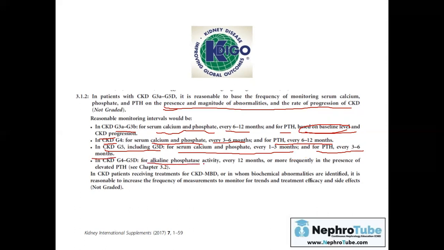Regarding alkaline phosphatase, start to monitor it at stage 4 to 5, every 12 months, or more frequently. The phrase more frequently applies to all lab parameters. You may need to monitor all lab parameters more frequently if you are changing the medication of the patients and you try to follow up the effect of your changes.